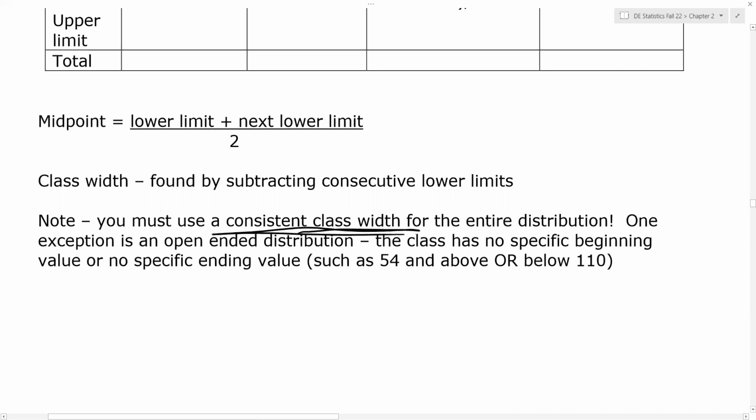So with my housing prices, I had to go up by $25,000 each time. I can't go up $25,000 for one class and then go up by $50,000 another class and then back down to 25, because changing the width is going to skew the results and give us bad data. So we need to make sure that our class width is consistent. Once we find it, we have to keep that same width throughout the entire process.